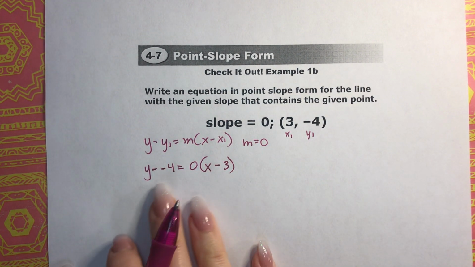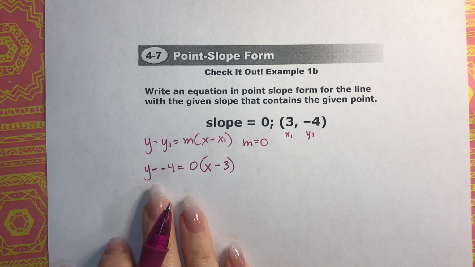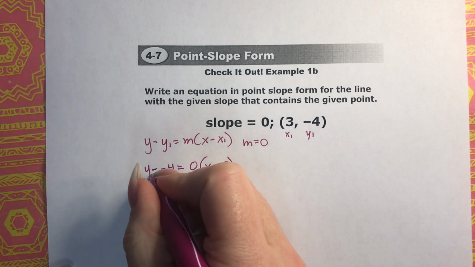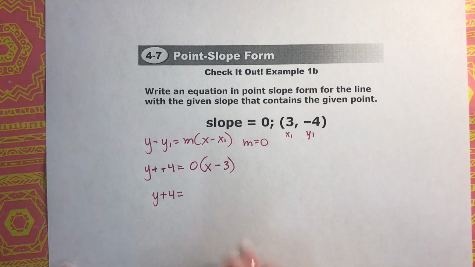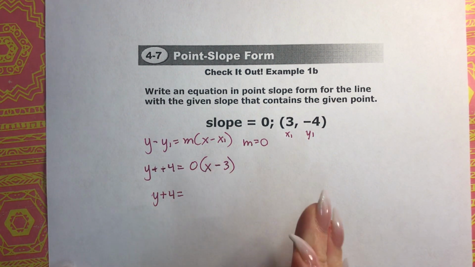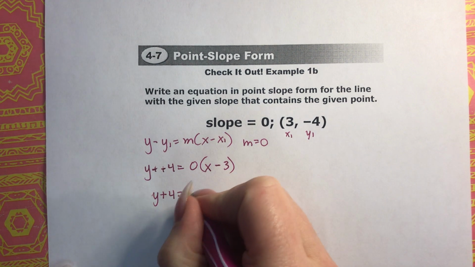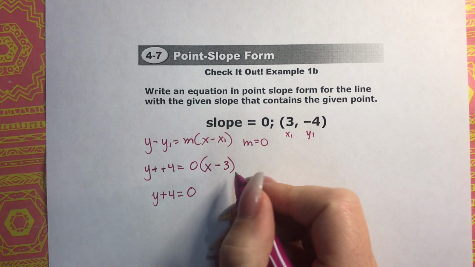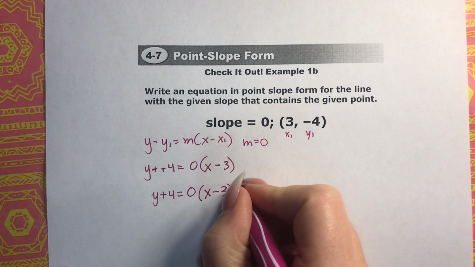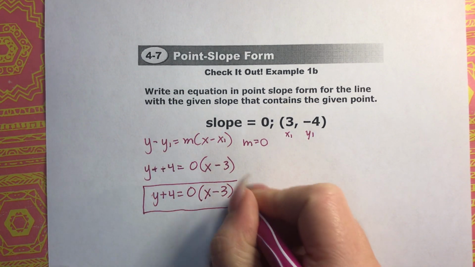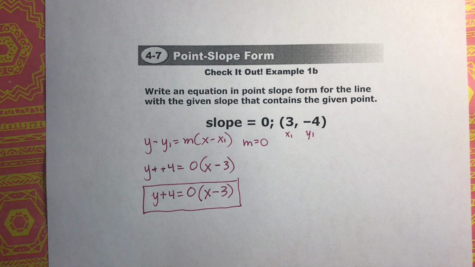And then we just need to simplify this, right? So those two negatives become a positive, right? So it's y plus 4 equals, and I know that 0 times all this is just going to be 0, but just because we are doing point-slope form, I'm just going to keep it like this. So there is my final answer in point-slope form.